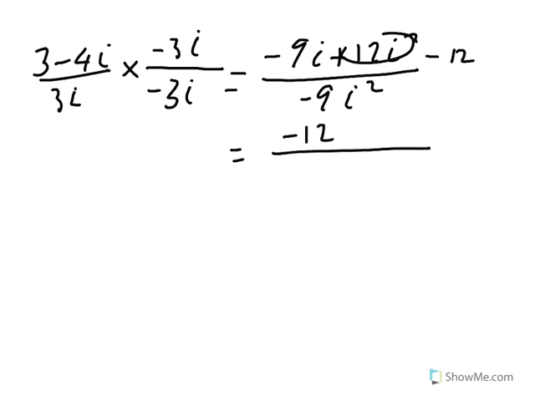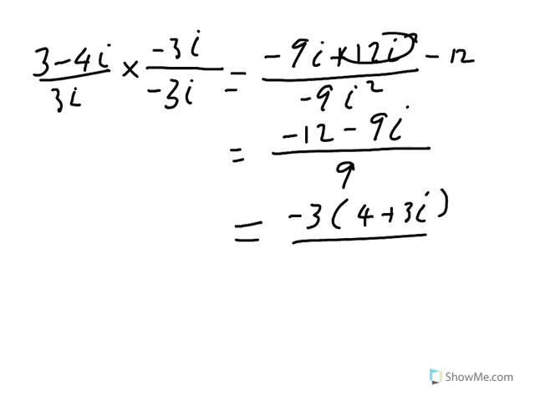So we'll have minus 12 minus 9i on the numerator, and on our denominator we'll just have 9 for that. And of course, in this case, we should cancel things down. 3 minus 3 can come out as a common factor up the top, giving us 4 plus 3i. And underneath the 9, of course, 3s will cancel.